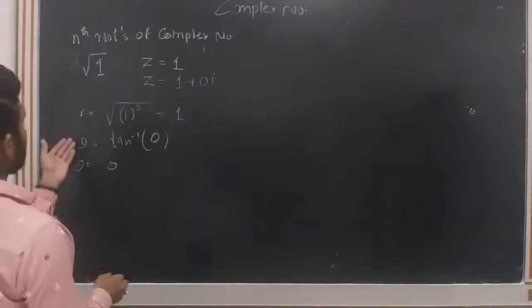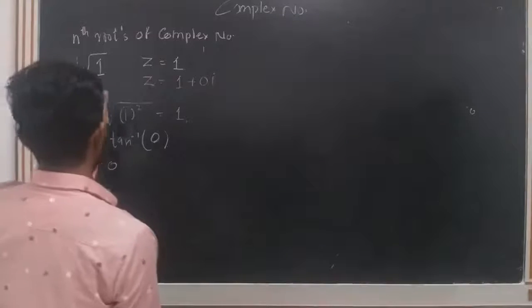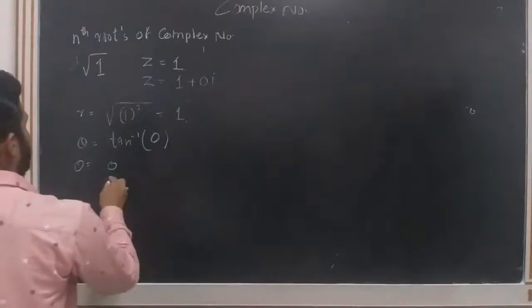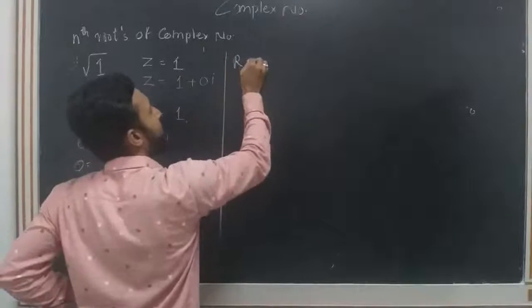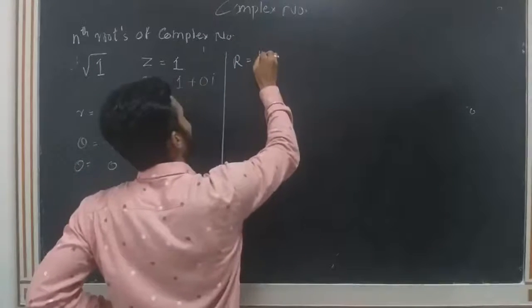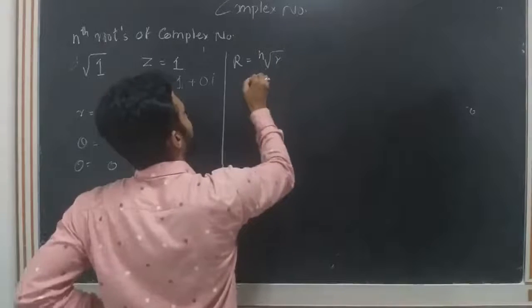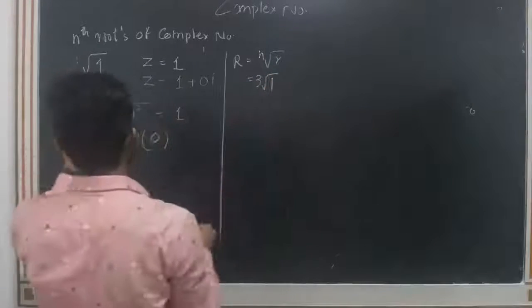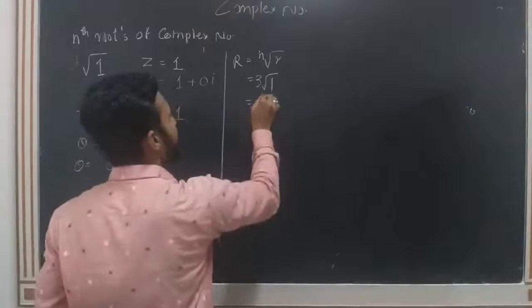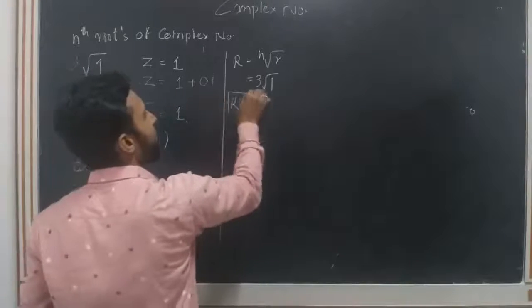Okay, once we are able to find r and theta, now we want to find capital R. Capital R is equal to the nth root of small r. What is n? 3. Cube root of 1. What is r? 1. So the answer is 1. So capital R is equal to 1.